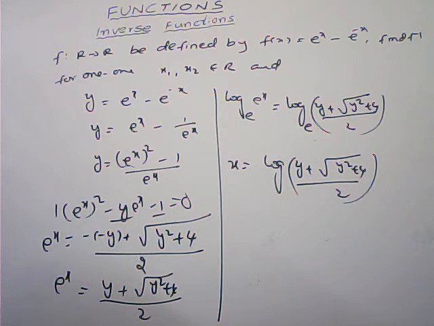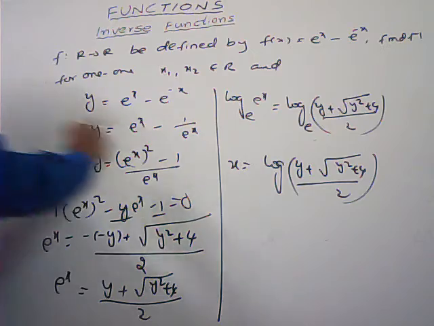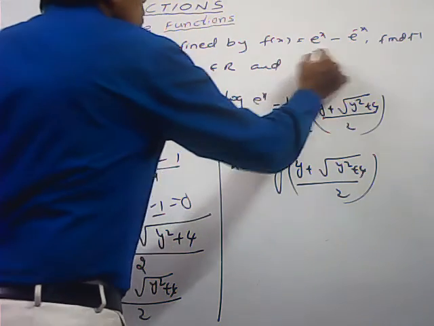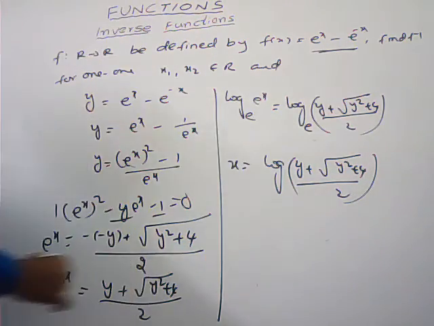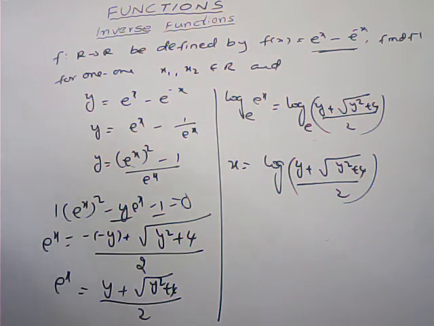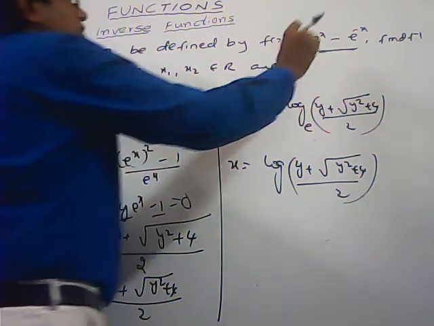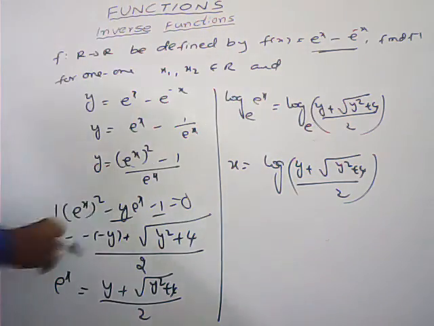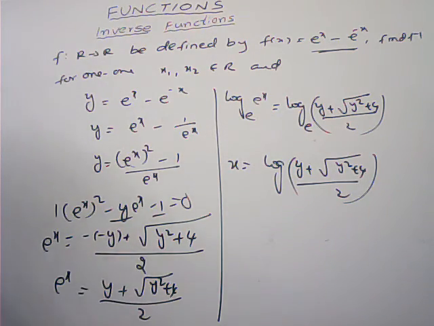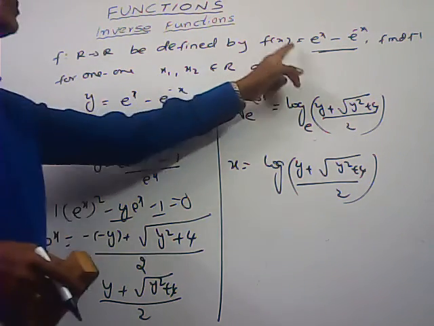Now for onto, we can check that as x approaches infinity, taking the larger values, e^x minus e^(-x) also takes the larger values. By taking the negative values, as x approaches minus infinity, f of x also approaches minus infinity.